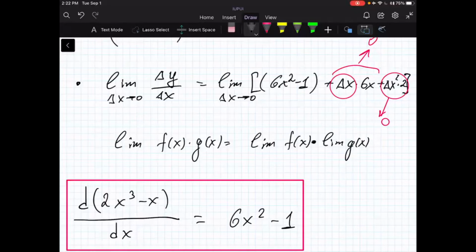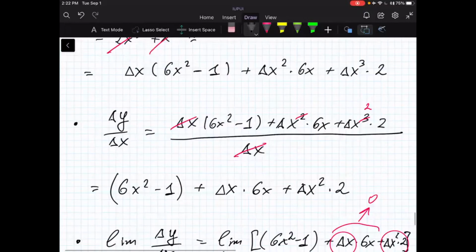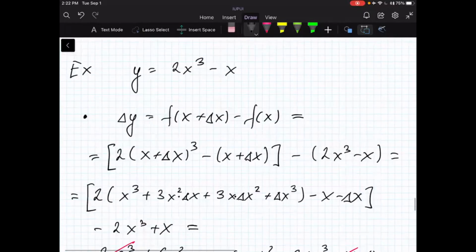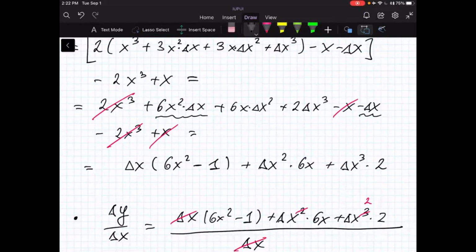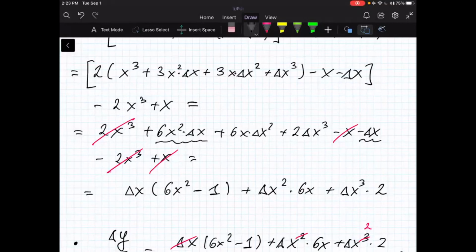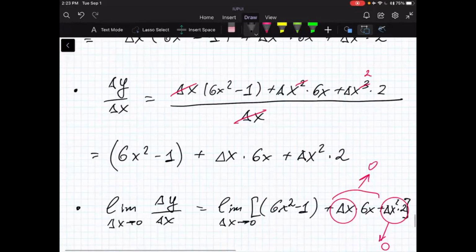And what I also wanted to mention is that in these two examples, we see that there are some cancellations when we consider delta y, and this is a general rule: when you consider delta y, you will in fact have some cancellations. If you do not have, that means that you should check yourself, because it should be. Unless it's a more complicated function, like a trigonometric function that we will study later, or a logarithmic function, and there you have to work harder.